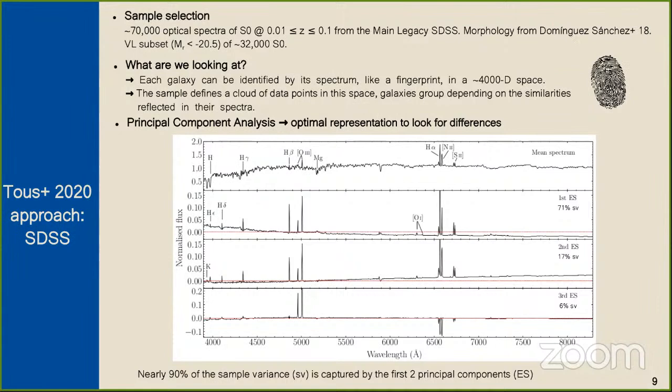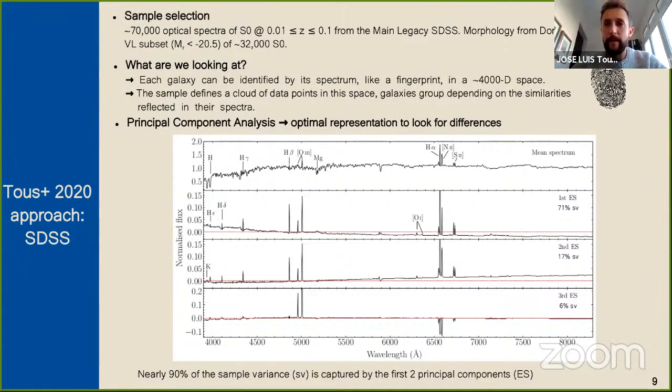So now you can visualize the problem: our sample is describing a cloud of data points in this space of many dimensions. And if there are some differences that are captured by the spectra of our galaxies, they should be visible in this cloud of data points.